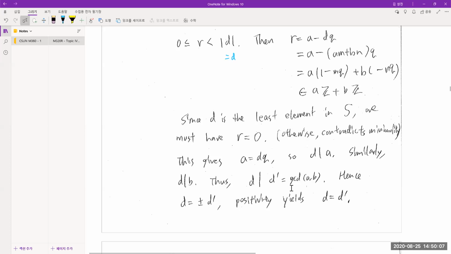So D divides D prime. Therefore, if both divisibility conditions hold, then one is plus or minus the other. So D equals plus or minus D prime as a consequence of D divides D prime and D prime divides D.